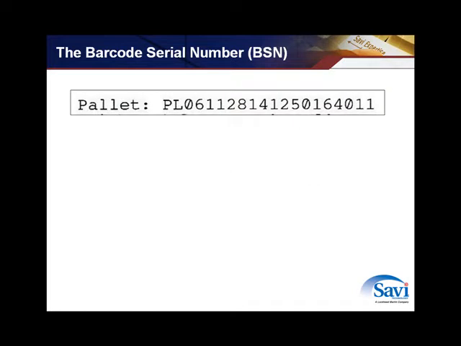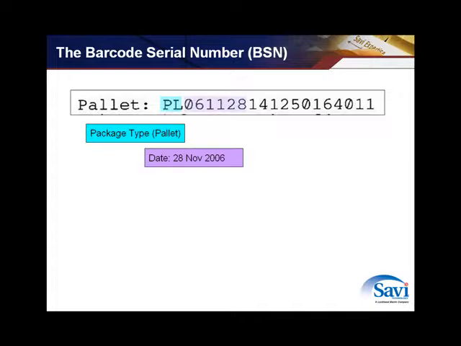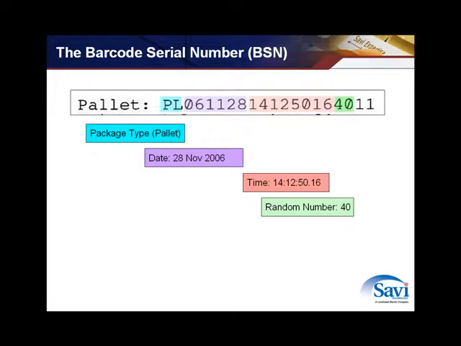It is composed as follows: 2 characters identifying the type of package, the date that the label was created, the time that the label was created down to hundredths of a second, 2 digits picked at random, and 2 characters indicating how many labels it takes to hold the data for this package and which label this is in that series.